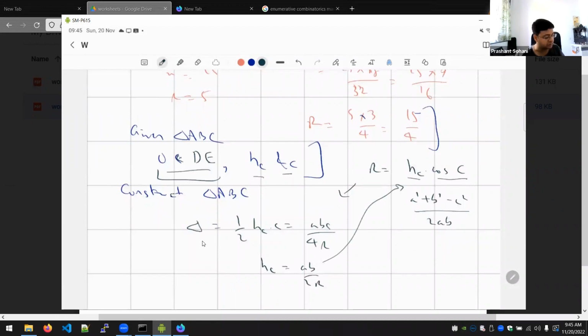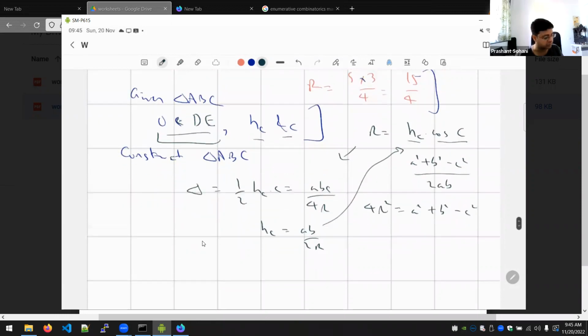In fact, AB and this AB will cancel in the denominator. And when you simplify, you ultimately get the equation 4R square is equal to a square plus b square minus c square. A very interesting fact. In other words, you can also write it as a square plus b square is equal to c square plus 2R whole square.